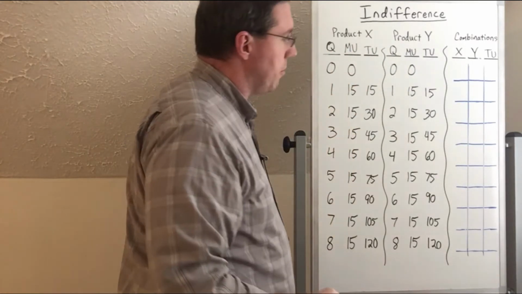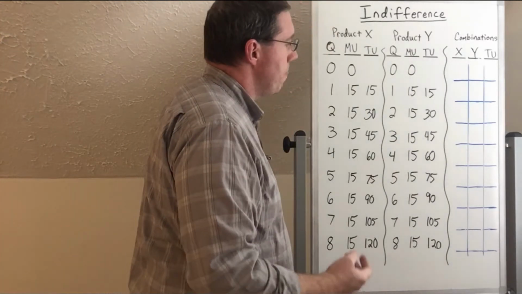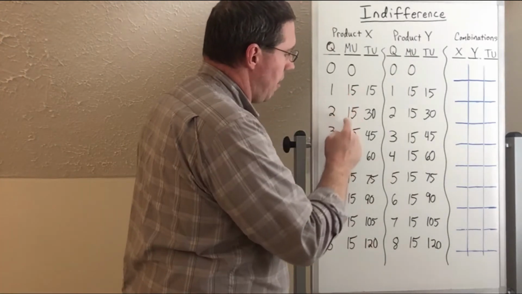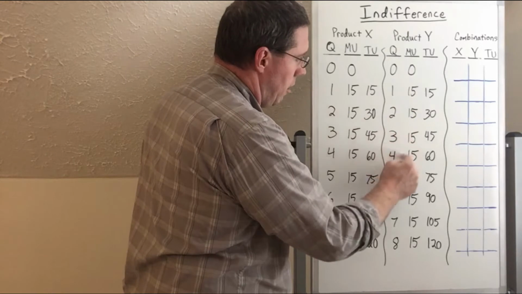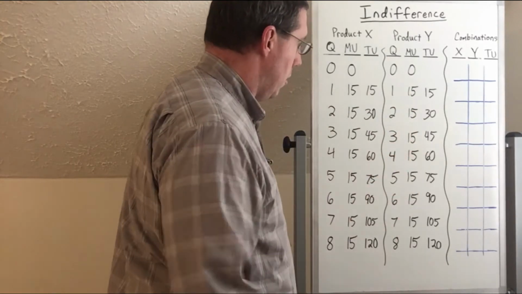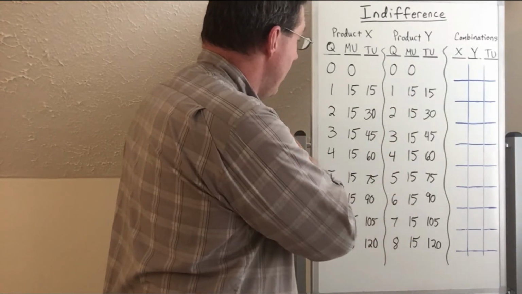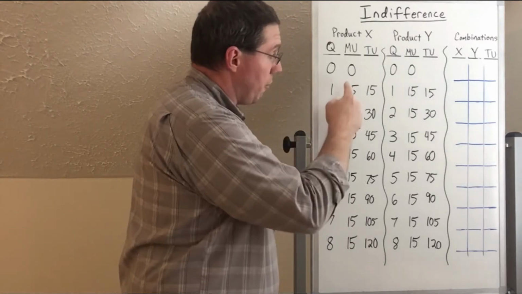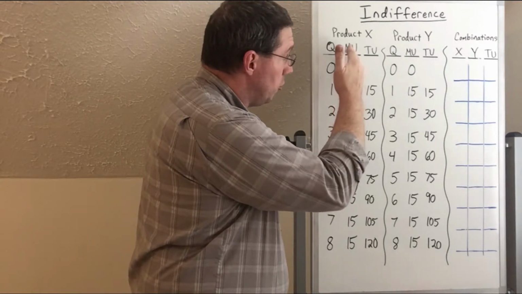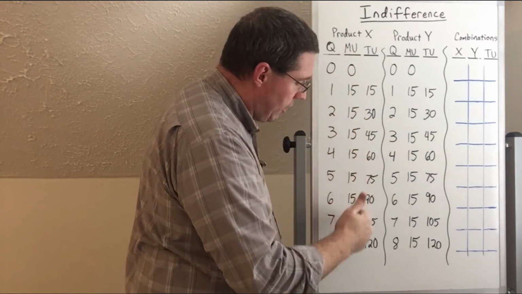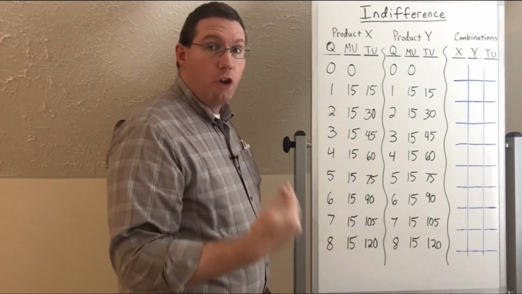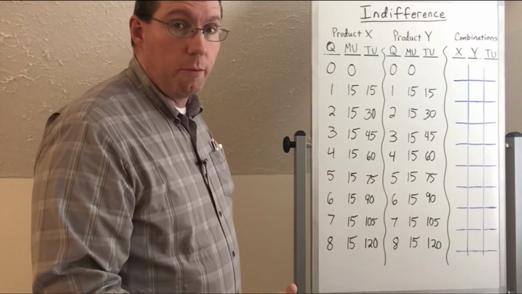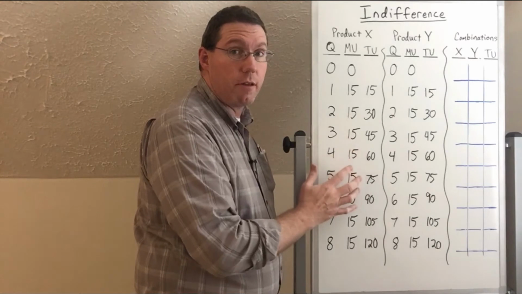Now I want you to notice something interesting about both of these products. They both give the exact same amount of utility for each unit you consume, okay? And because the marginal utility is not decreasing, that means we don't have the law of diminishing marginal benefit. This is a very unrealistic example.